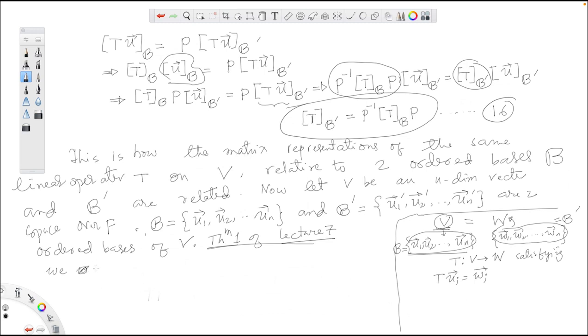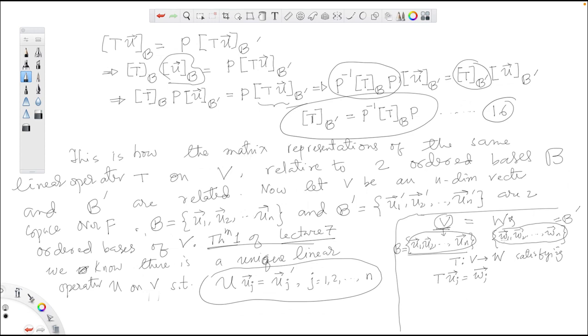So we know by this theorem that there is a unique linear transformation from V to itself, a linear operator U on V, such that U of uj is equal to uj prime for j equal to 1, 2, all the way up to n.